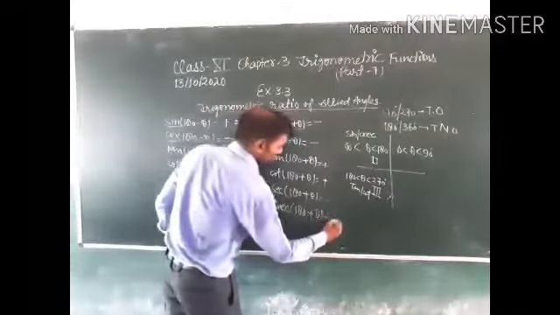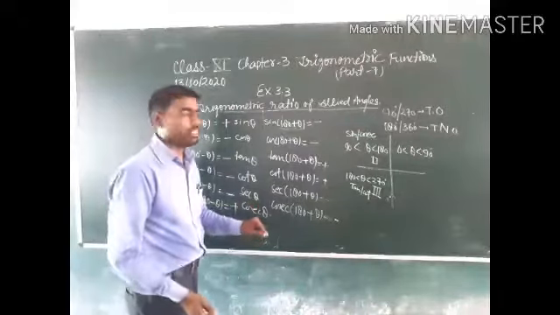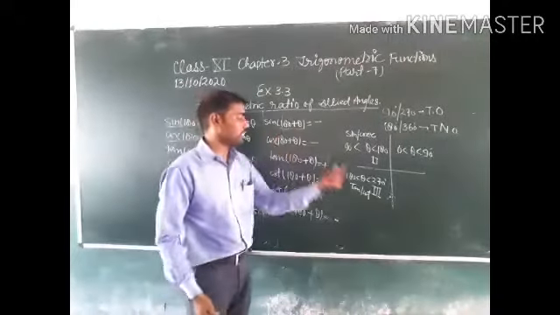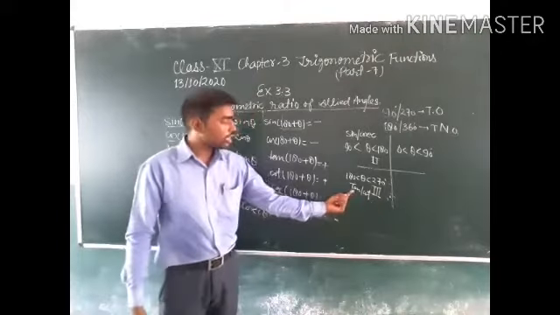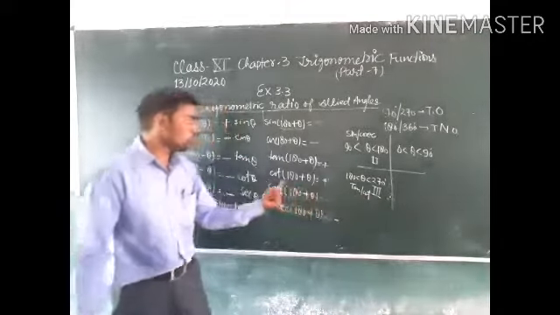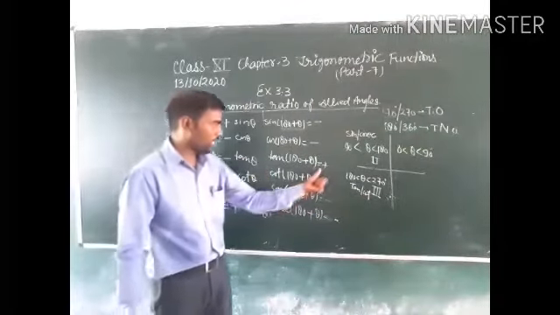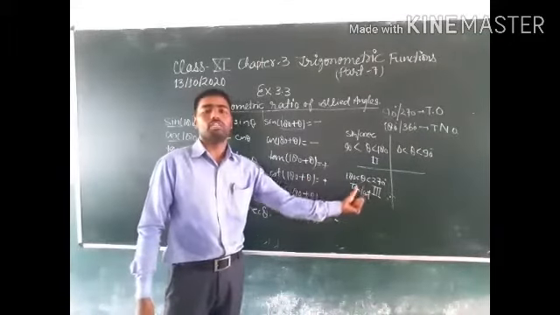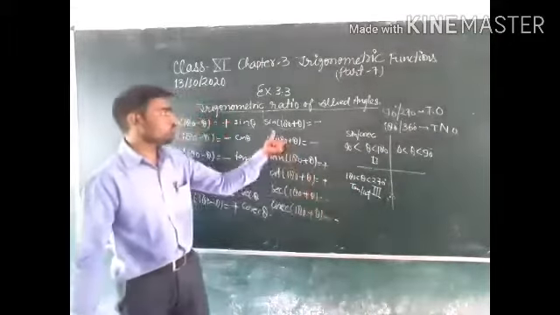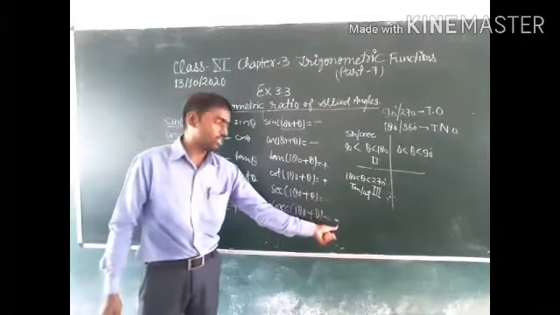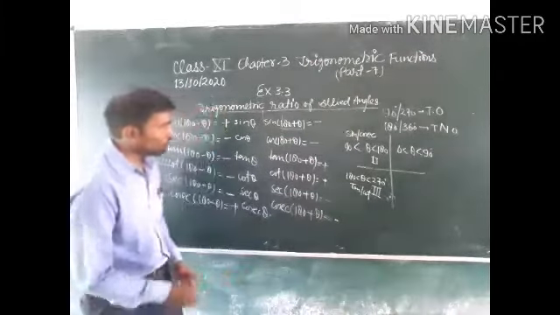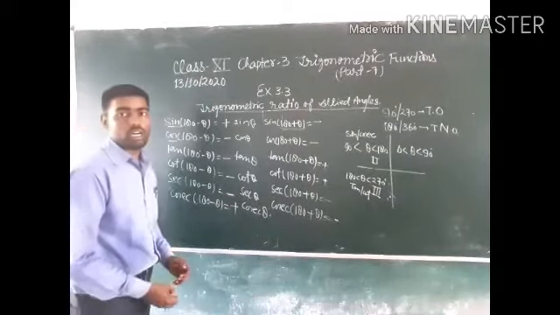First of all, identify the quadrant. We identify that 180 plus theta belongs to the third quadrant, and in the third quadrant tan and cot are positive, so we use sign plus, and other trigonometric functions are negative, so we use sign minus. This is minus, this is minus, this is minus, and this is also minus. So does transformation occur or not?